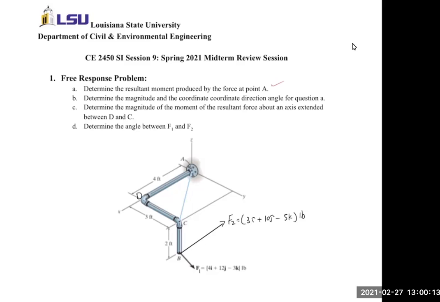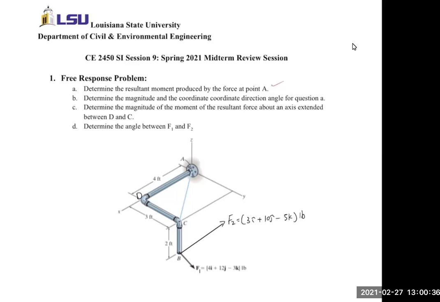To find the magnitude, simply take the square of all the i hat, j hat, and k hat components, and then take the square root of them, right? And for the coordinate direction angle, it's simply alpha equal to the corresponding moment component divided by the magnitude of the moment, right?